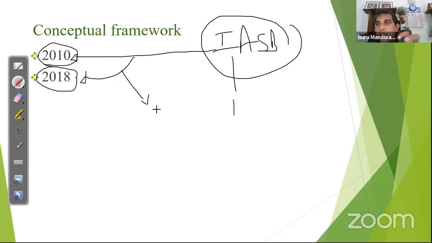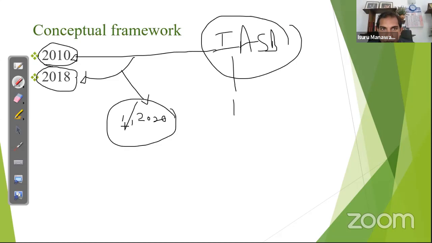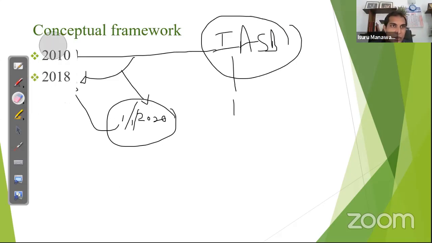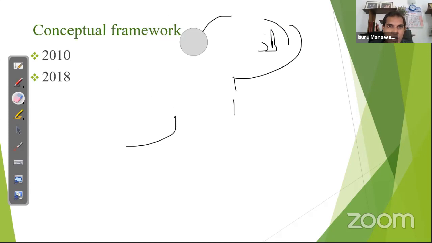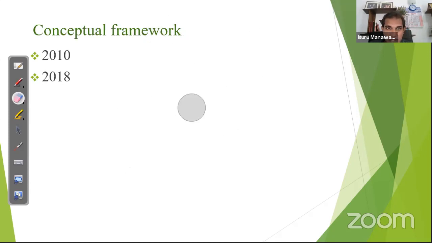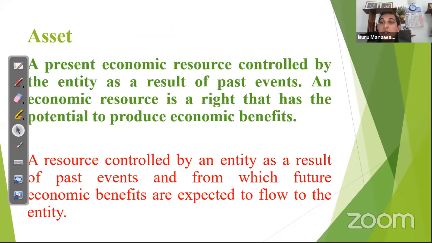It is effective in Sri Lankan context from 1st of January 2020 onwards. So I have mentioned definitions from 2 documents. You can see I have used 2 colors. I hope you can see, right?